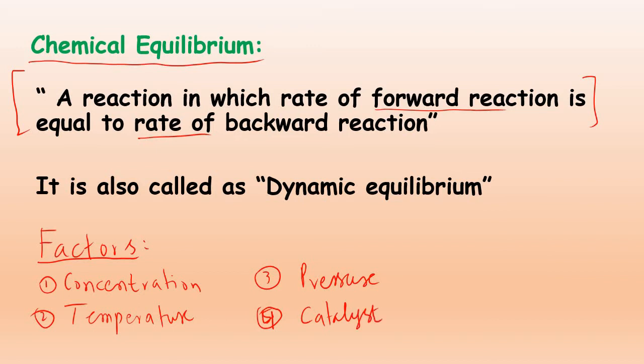So these are the 4 factors affecting the equilibrium position. Now we will discuss these factors one by one in detail along with examples.